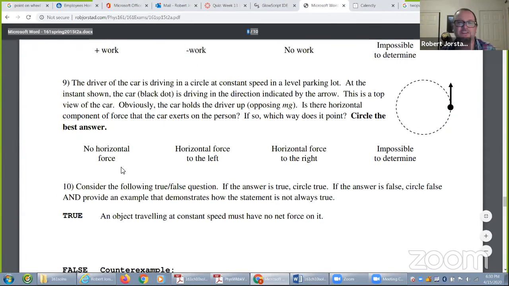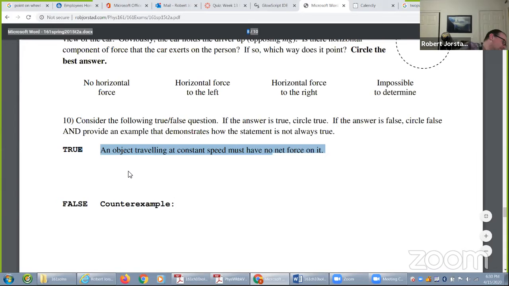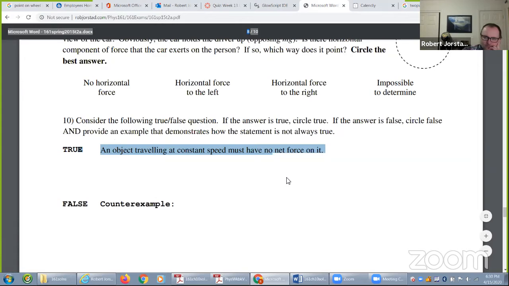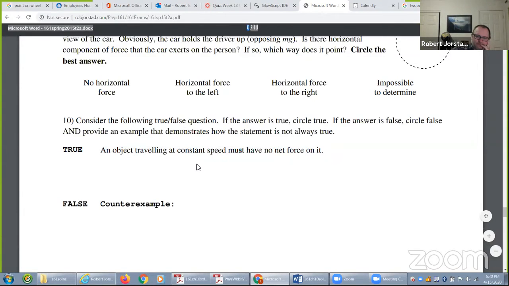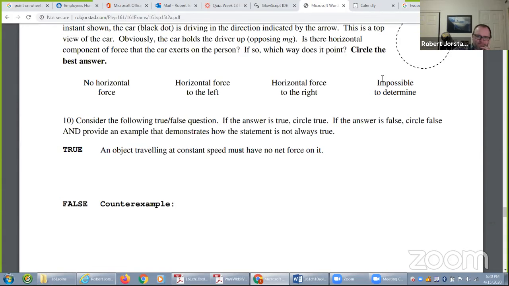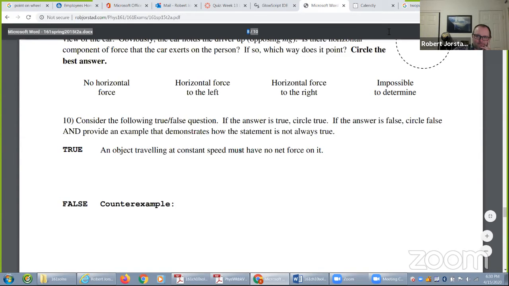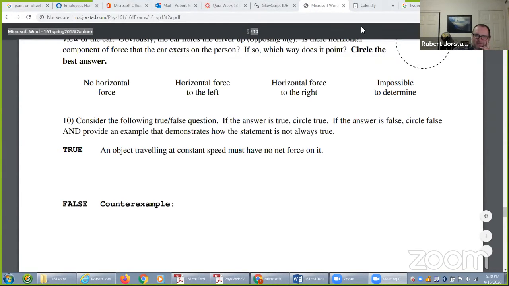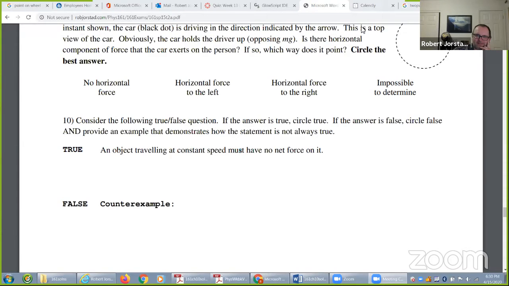All right, you should know this right away. What do you think? There's a reason this was right after a circular motion problem.